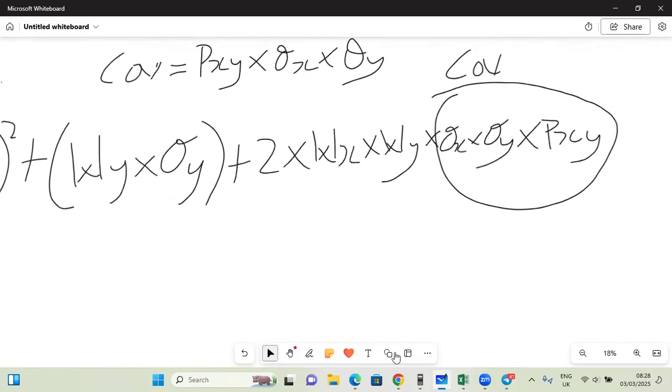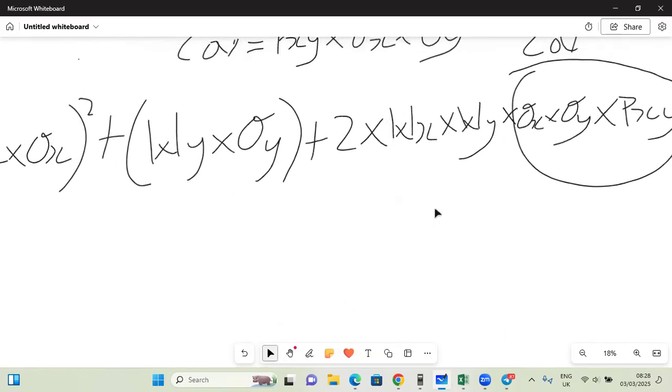So in a question where we are given the covariance, you wouldn't need to write all this. But if you are given the correlation coefficient, then you need to bring all this. So now, let's go.